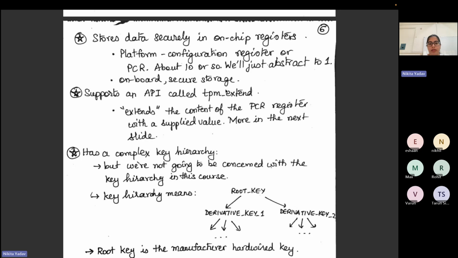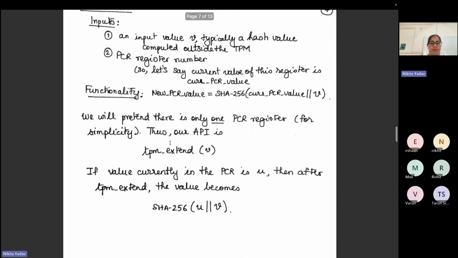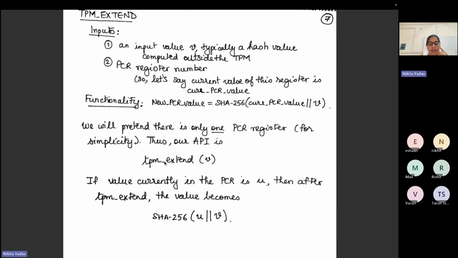Now, what does that mean? We discussed here that the TPM extend takes as input a value V and the PCR register number. Here, for simplicity, we are assuming there is only one PCR register.